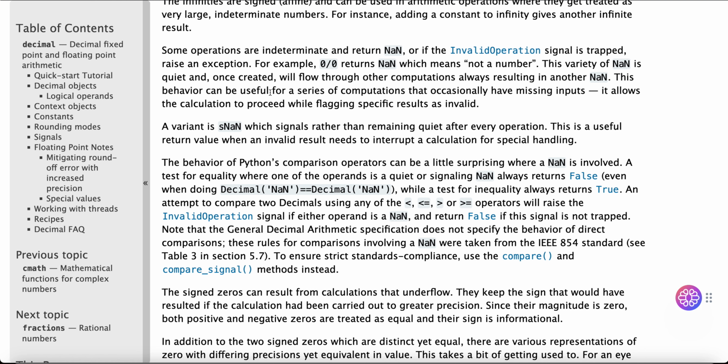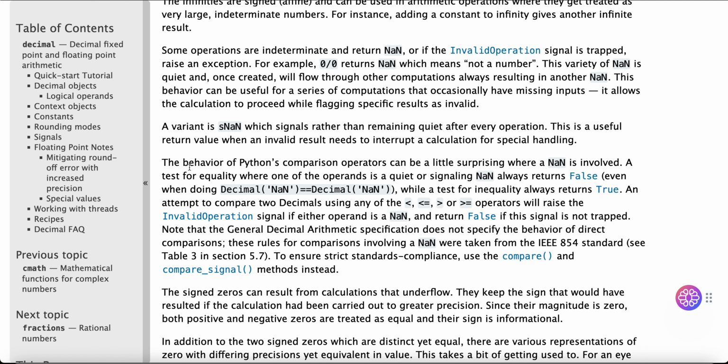This behavior can be useful for a series of computations that occasionally have missing inputs. It allows the calculation to proceed while flagging specific results as invalid. A variant is sNaN, which signals rather than remaining quiet after every operation. This is a useful return value when an invalid result needs to interrupt a calculation for special handling.